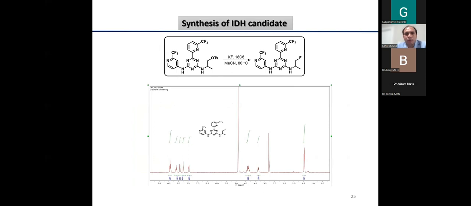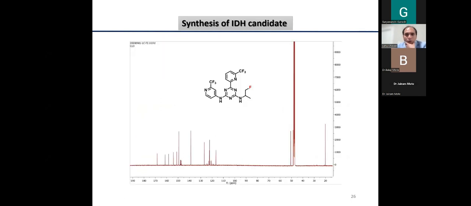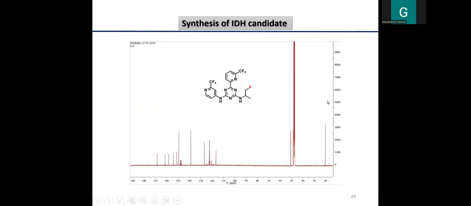So then we thought to confirm this compound with C13 NMR, and I took C13 NMR of the required product, but this fluorine-attached carbon we did not observe. Generally, this fluorine-bearing carbon comes at around 90 ppm region, and it gives a doublet because fluorine is a magnetically active element, but we did not observe that.